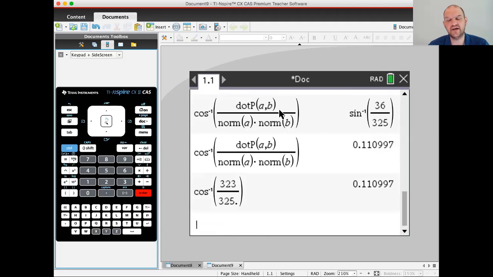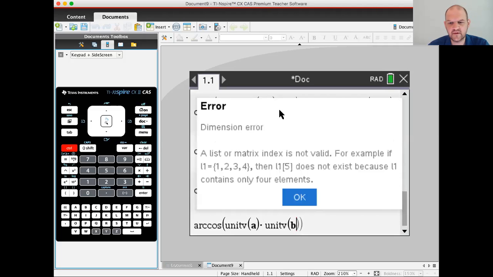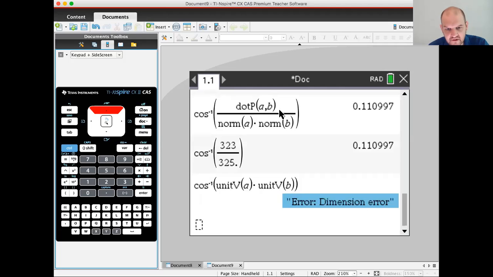Okay, so equivalent. I don't know why the calculator always gives that a different answer. So we mentioned at some point that we could do the dot product of the unit vectors. And maybe this is less typing potentially, like you might prefer it for that reason. Arc cosine. Oh, I forgot dot product. Jeez.